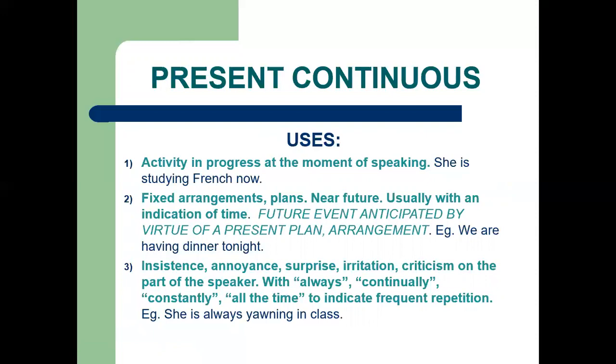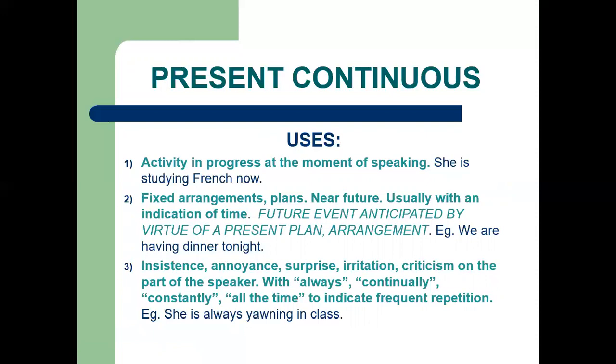So, in other words, a future event anticipated by virtue of a present plan or arrangement. So, when you say we're having dinner tonight, this is because you have already made arrangements for that activity, right? It's a plan, okay?